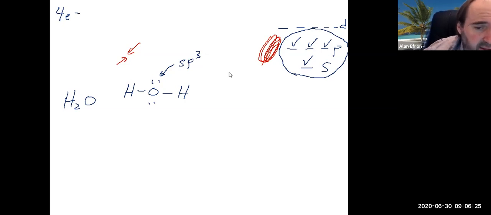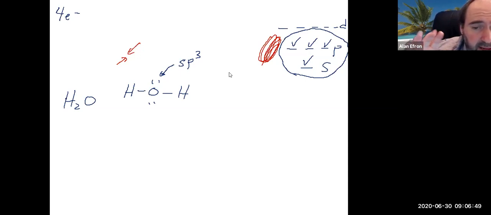Any question on that? Again, it's as simple, don't overcomplicate it. It's as simple as counting the electron pairs and basically going right up that chart. Any questions on that? So because I know it's sp3 hybridization, I know that I am going to end up with 4 hybrid orbitals.